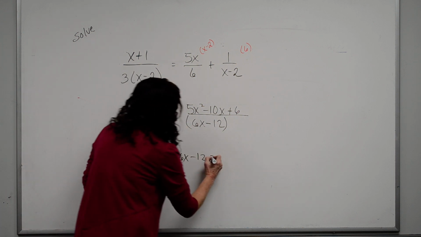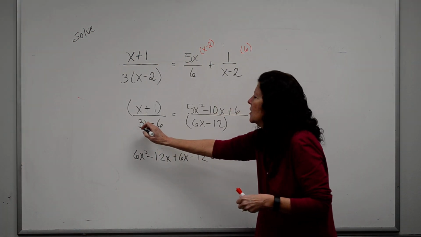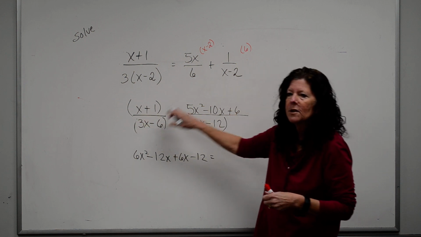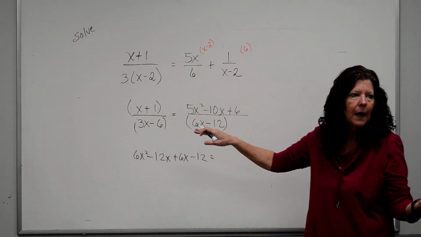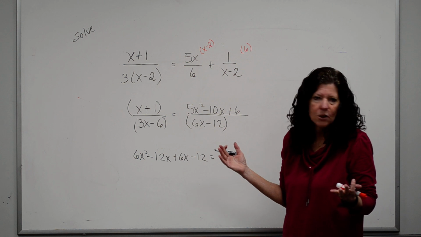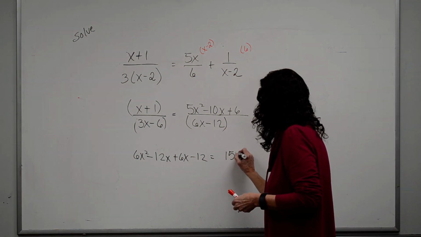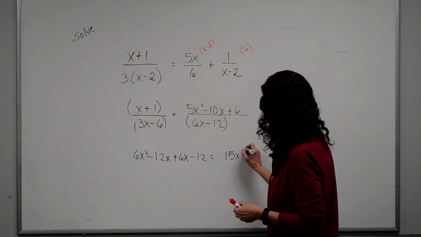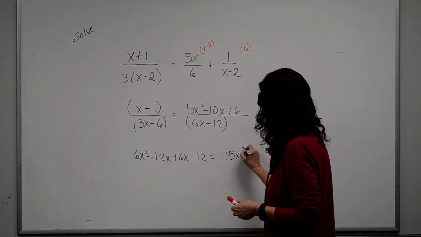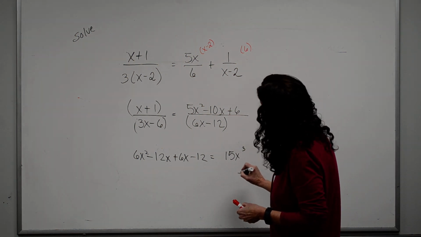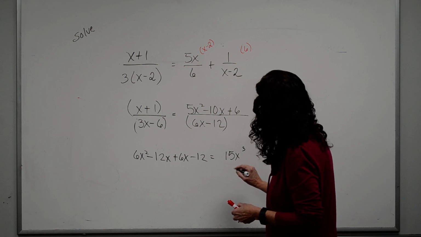On the other side, I'm going to have to do the distributive property because one of them is a binomial, the other one is a trinomial. So on the other side, I have 15x cubed, maybe? That doesn't seem like that would be right.